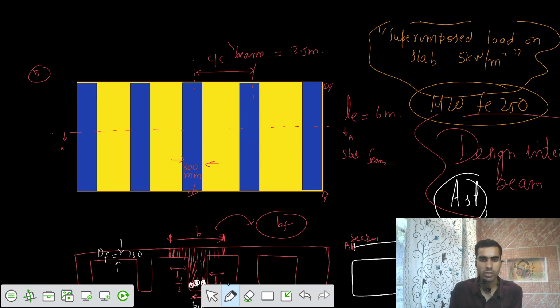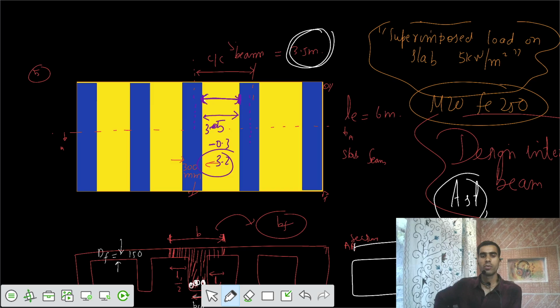If the center to center is 3.5, that is not the clear span between those beams, so we have to subtract some width. So this is equal to 3.5 minus 0.3, which is 3.2.